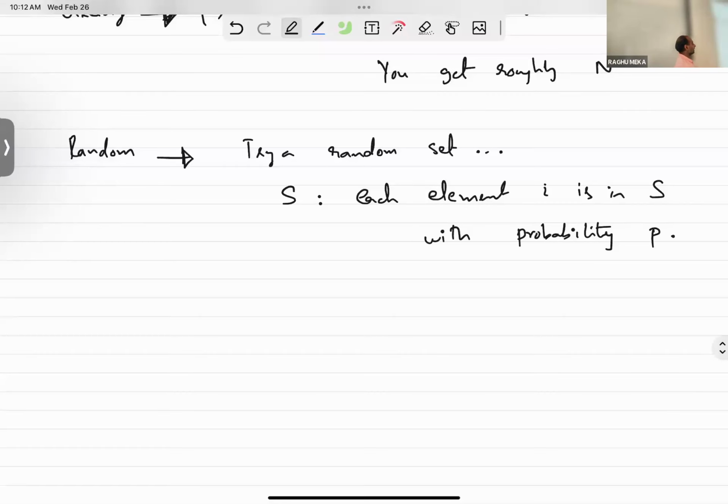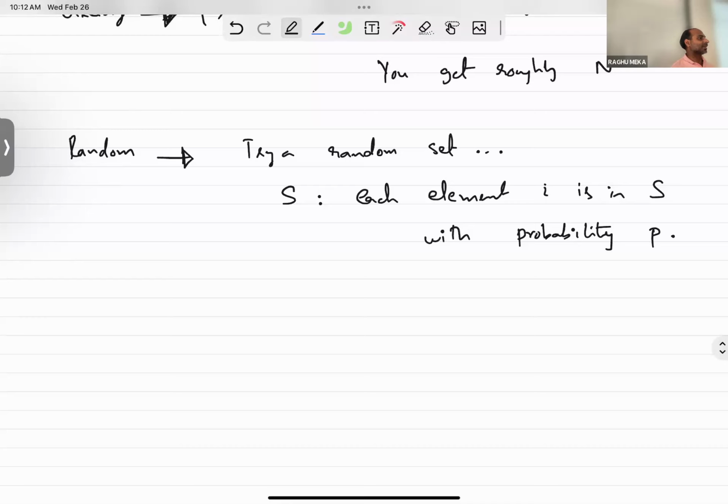Let's just do a heuristic calculation and guess how big a set you might get. Now how many 3APs do we have over 1 through n? Roughly n squared, right? You get to pick the first number, the second number, but then the third number is fixed once I pick the first and second. You might have some infeasible pairs, but that's okay. We're again doing a back of the envelope calculation.